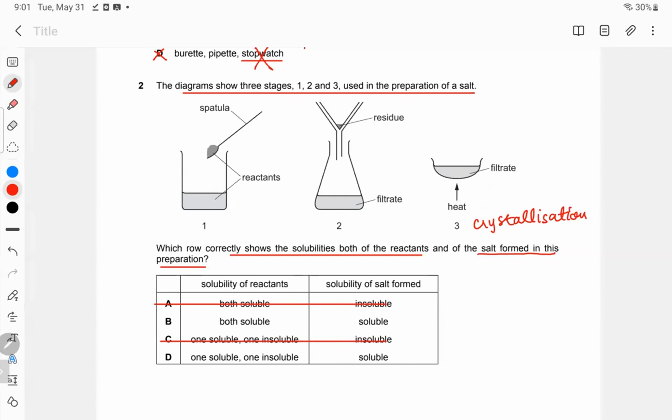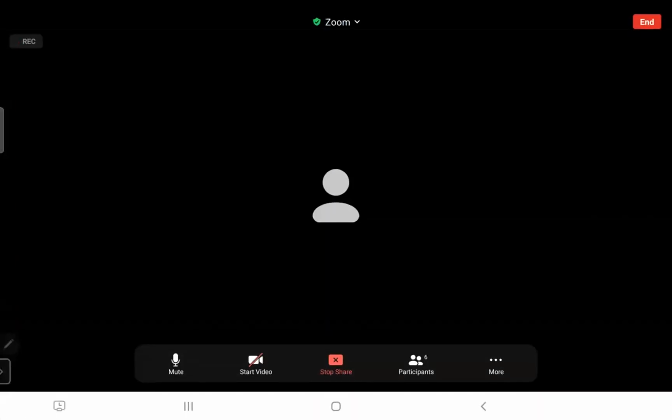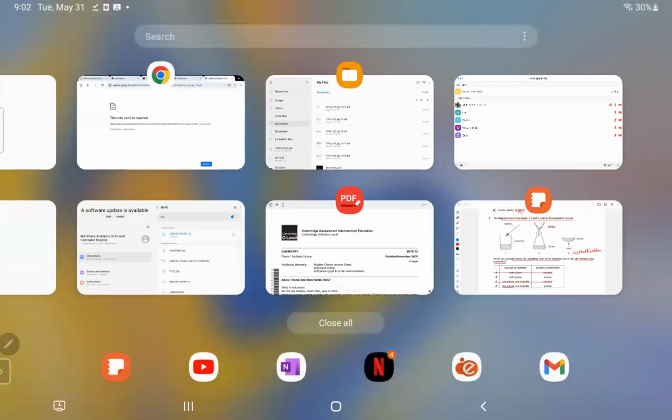If there is any confusion, please ask. No, sir. Okay. Now we are left with B and D. Because we are doing the filtration and the residue is left over, it means that one substance is soluble, that is already in the first stage, and the second is insoluble over here.